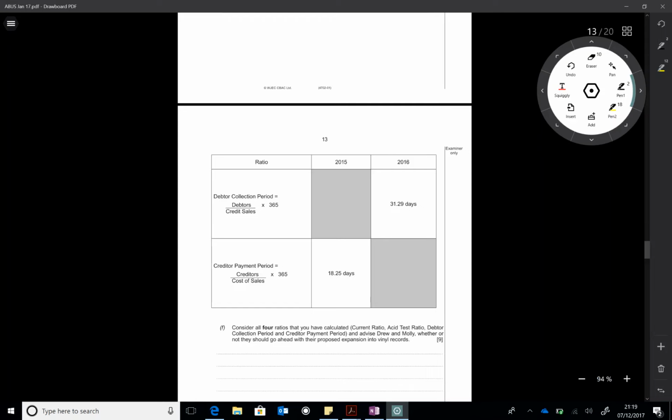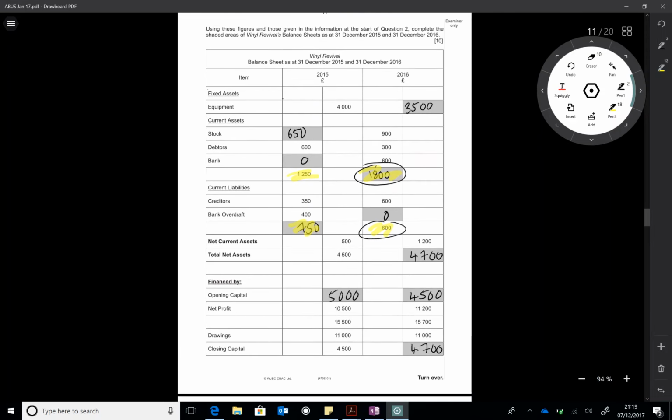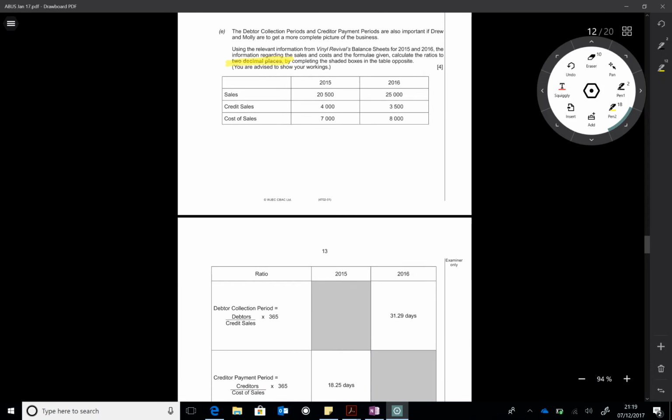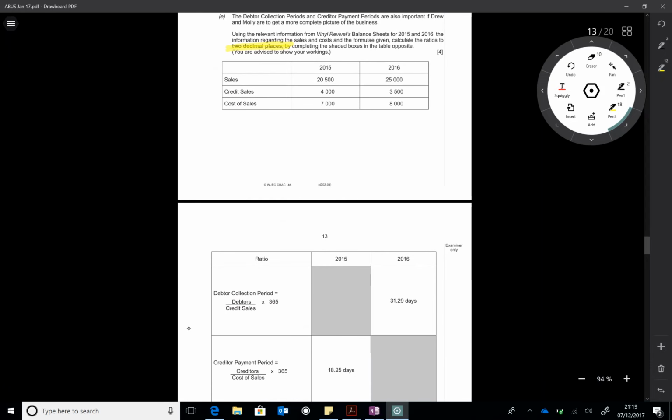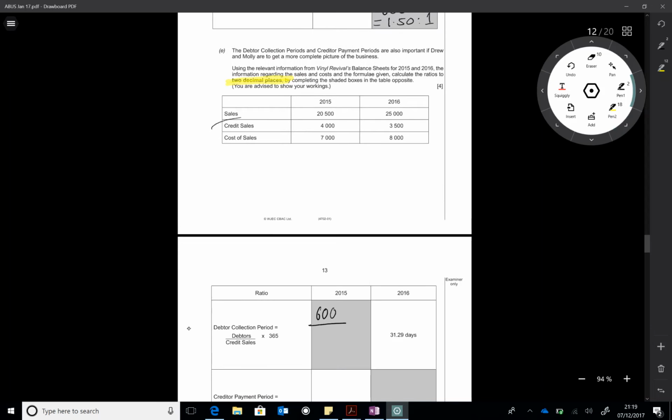So I need my debtors and my credit sales for this bit. So I scroll up to my balance sheet, and there we have my debtors placed in my current assets. So I need to work this out for 2015, and my debtors are £600. I then use this bit of information here to find my credit sales, which gives me a total of 4,000.